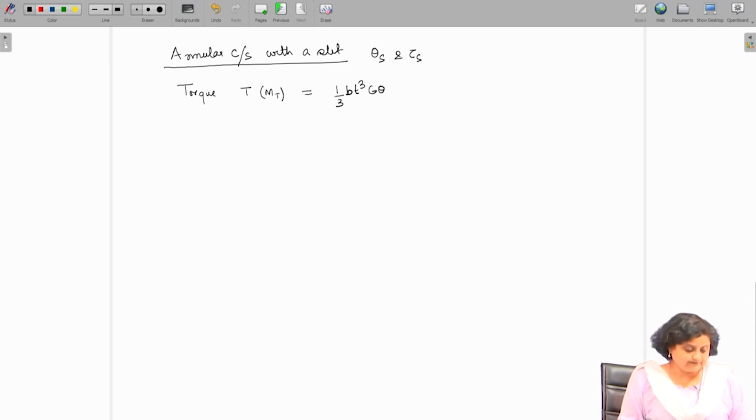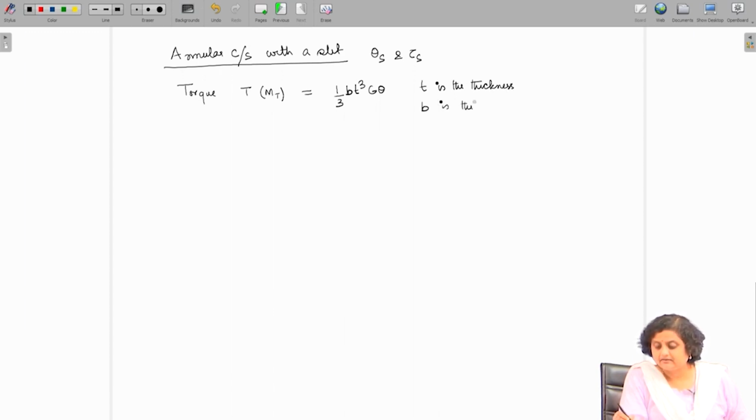We have seen earlier that the expression for torque for a thin walled open cross section is 1/3 B t cube, where t is the thickness and B is the length.